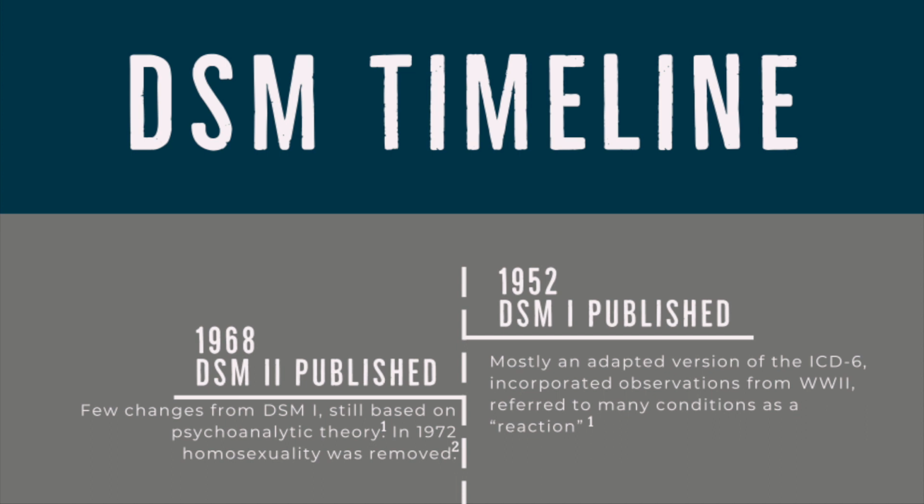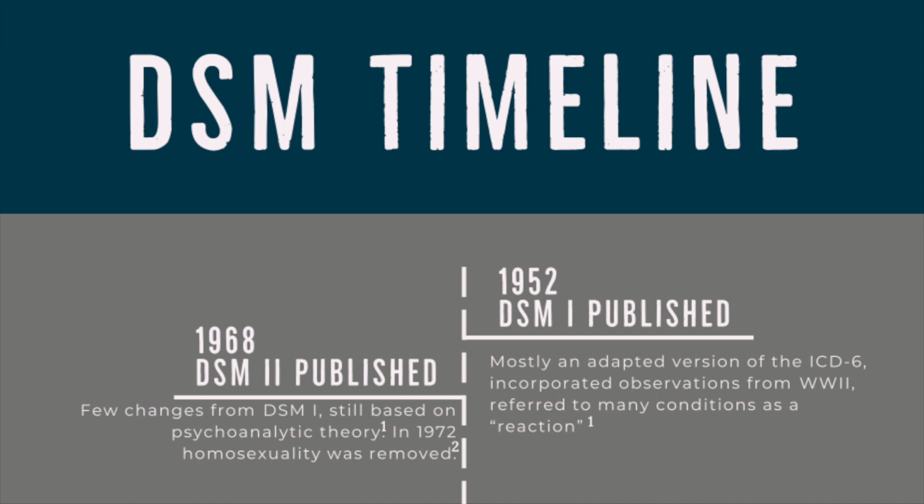FYI. World War II happened prior to this, and people came back from World War II traumatized. We also had various psychological phenomena going on in Nazi Germany, the sorts of experiments that were happening. So, one, you've got a bunch of veterans coming back that need treatment, and you've got rather disturbing results that happened in concentration camps.